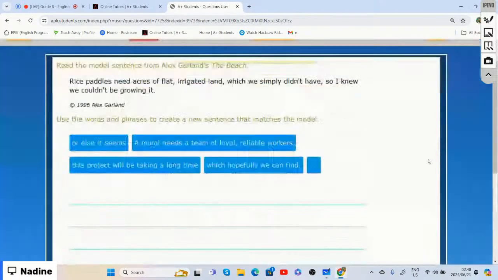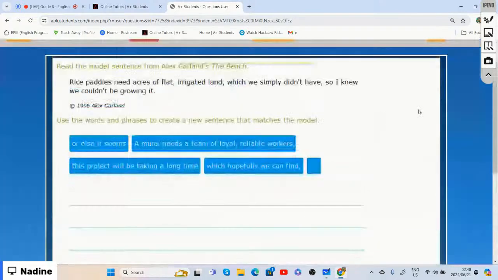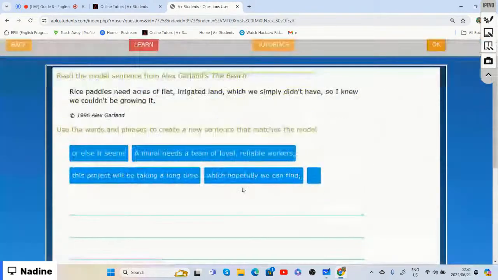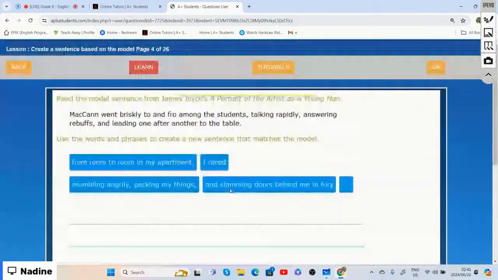We're going with option one, because remember, we need to use the words and phrases to create a new sentence that matches the model. So over here, it starts with a mural needs, right? So option one, but while trying.